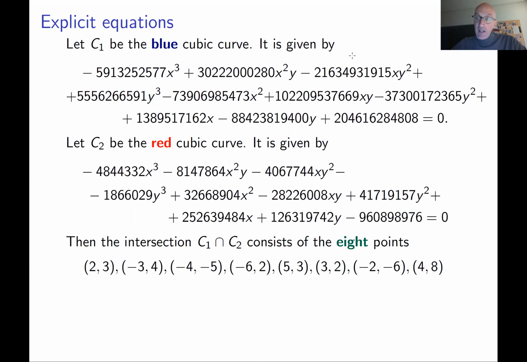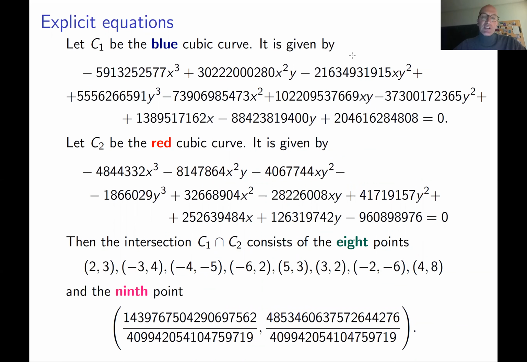I used Python in this example, and I found these 8 very nice looking points. You see, very simple. And the 9th one, you see, is not so simple looking. You may ask me why the first 8 points look so simple and the 9th point doesn't. I don't want to answer the question now, but you can ask me any time after the lecture.